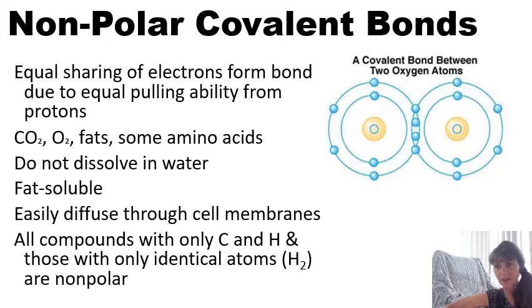These types are dependent upon whether or not polarity is established. What's polarity? If you've ever used a magnet, you'll know that it has a north pole and a south pole. Or if you've ever put a battery into a device, you'll notice that there's a positive end and a negative end. That's polarity. There's a net charge between the ends.